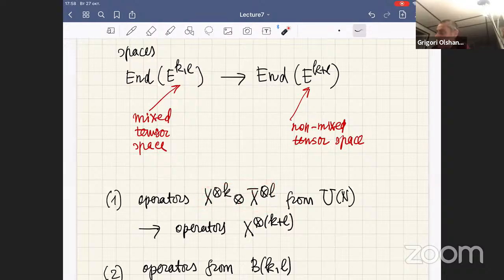Or if we want to deal with GL(n), we have to take X transposed and inversed, okay? And under this isomorphism, we need to check that it is mapped to this one.